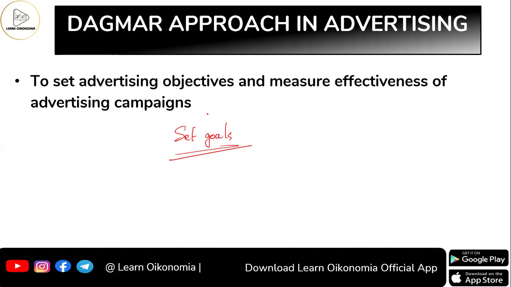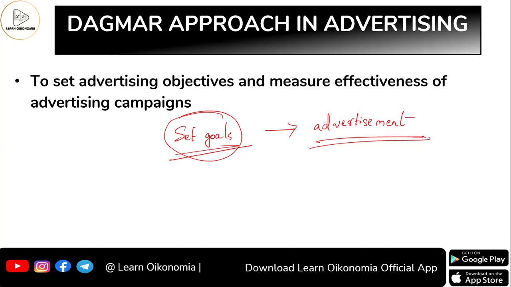Once the company sets its goals, it will go for advertisement. Now the advertisement has happened, and this advertisement will have certain impact on sales. If the advertisement is successful, it will increase the sales to a particular limit, isn't it?